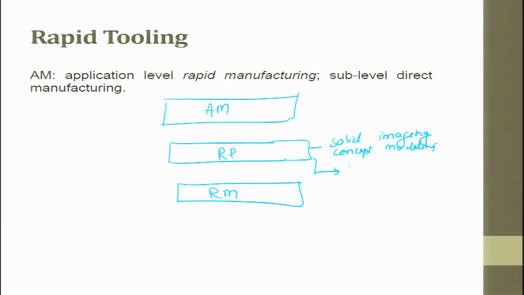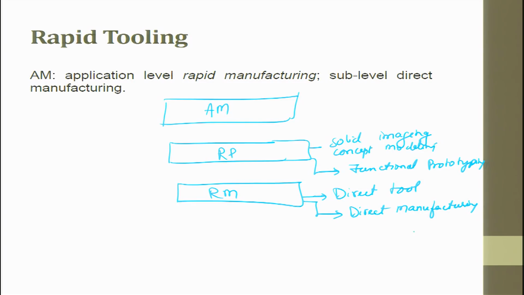The next one we had is functional prototyping, and RM is direct tooling and direct manufacturing. So, now you must be able to understand the difference between direct tooling and direct manufacturing, positive, negative.